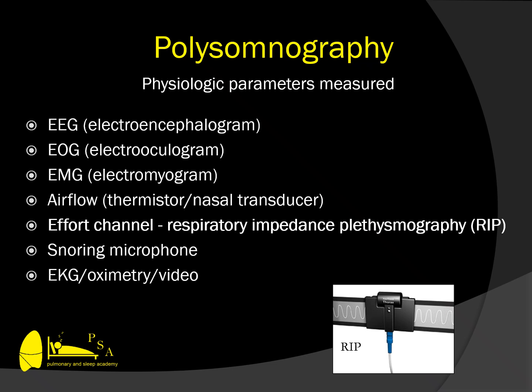So typically the way to measure effort is through a RIP belt, or respiratory impedance plethysmography. You'll see in the RIP belt that the white undulating lines going through the belt are very sensitive to measuring changes in excursion of the chest wall to allow us to see respiratory effort.